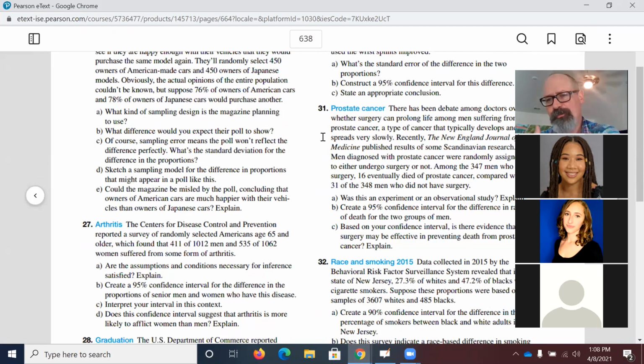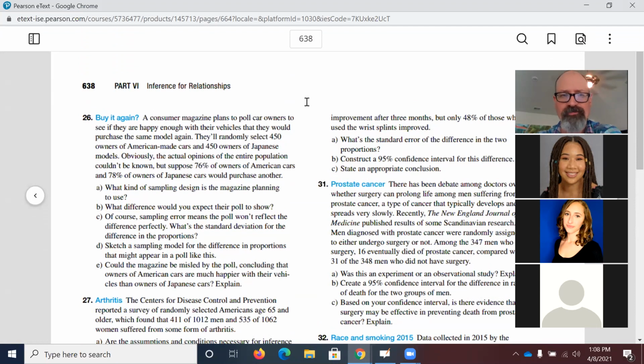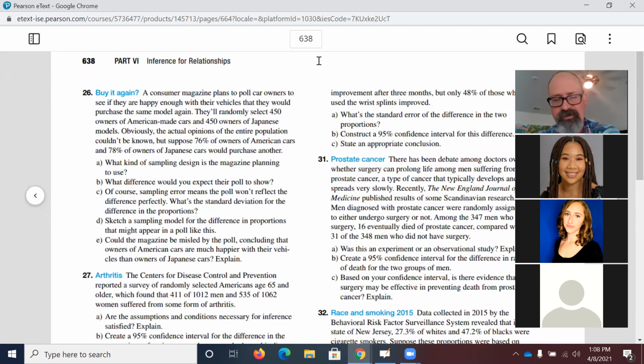I'll leave it to you to decide what it involves, but I'll divide people up into groups. You can use StatCrunch to use the summary information right here to come up with the inference. This is in the book. You're going to need to open my stat lab and go to page 638 of the text. It's question 31, where we will begin in groups.